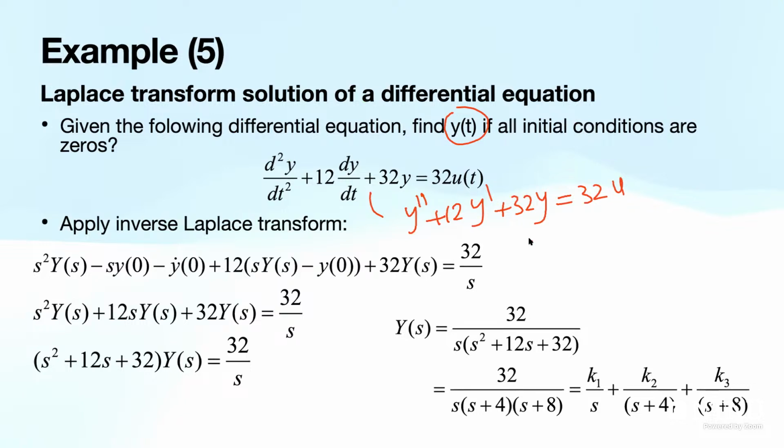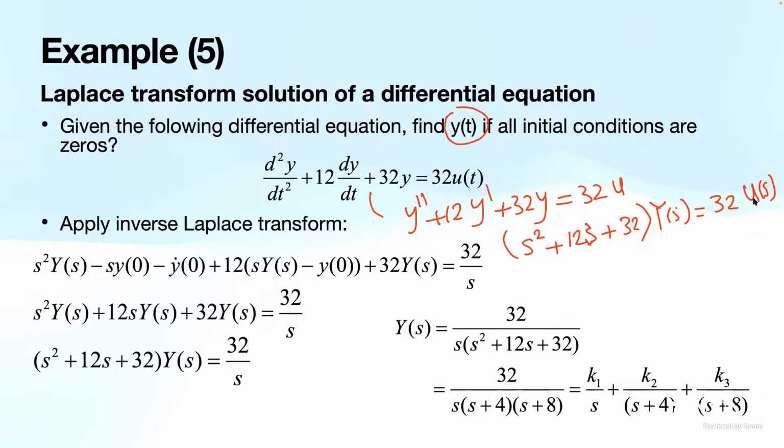So y double dash will be s squared y of s plus 12 s multiplied by y of s plus 32 y of s. So I will just take y of s as a common factor, equal to 32 multiplied by u of s, because I don't know what the value of u of t is. So the Laplace transform of u of t is u of s.